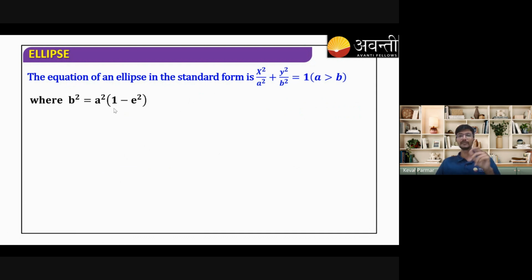This is the relation between a, b, and eccentricity. Now let's define the terms. Like we defined terms such as focus, directrix, axis, vertex, latus rectum, etc. for parabola, the same thing we'll be doing for ellipse. Let's see.